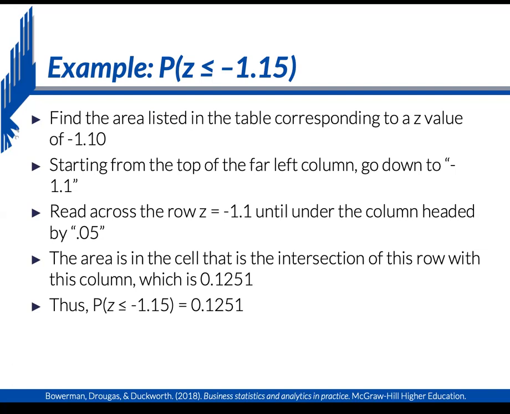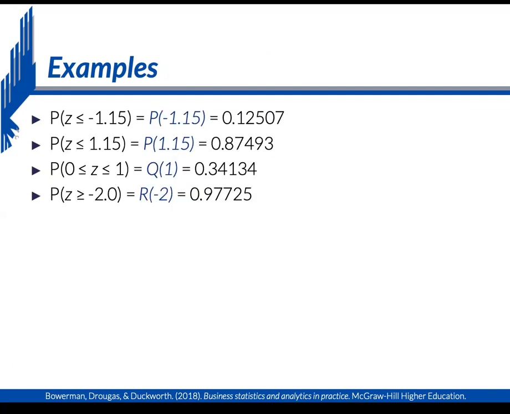Now for the second example, that's the area to the left of 1.15. Again, you can just use the P function and then input 1.15, and the calculator will give you 0.87493.